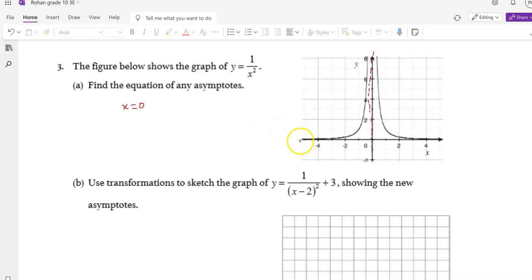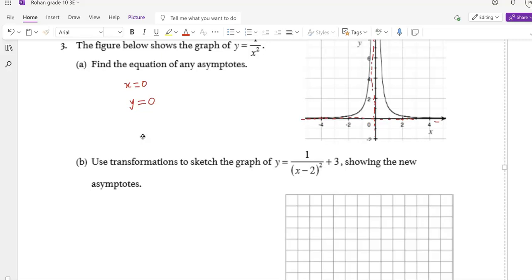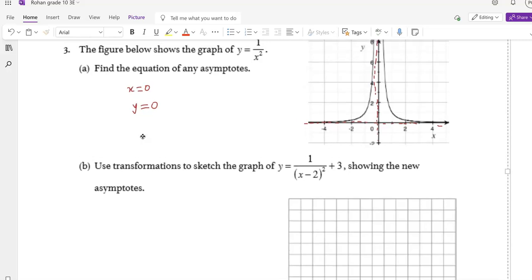Does it have a horizontal asymptote? Yes, it does. So y is equal to 0, the x-axis. You just need to remember it.